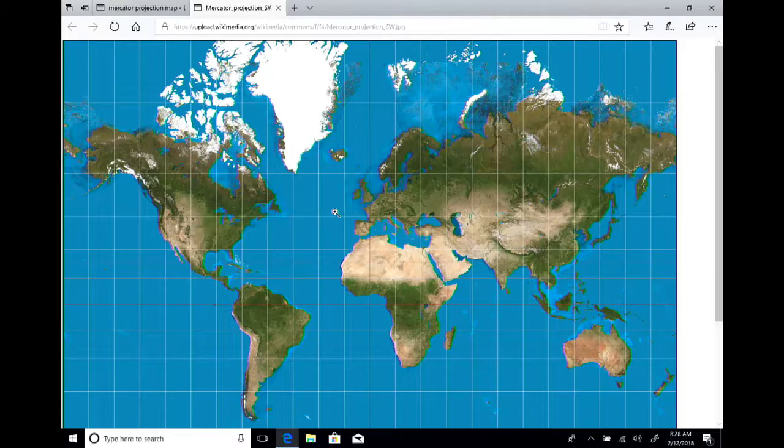So for instance, if we look at this, we see the whole northern part of Asia is just humongous. But it's Africa that's the biggie. Right. And again, they do that just because it makes them look better.